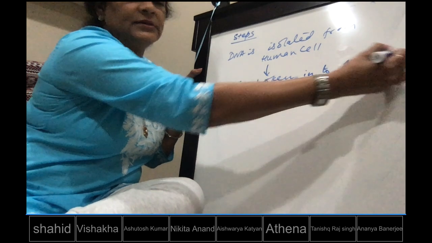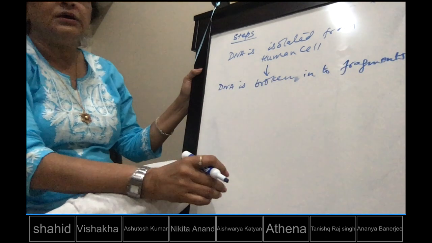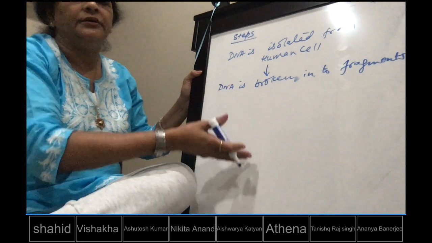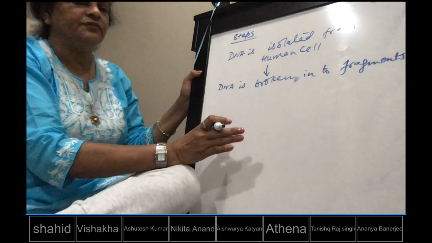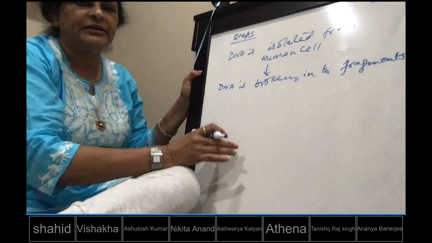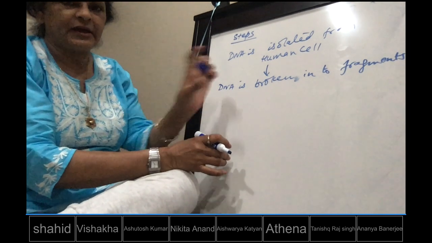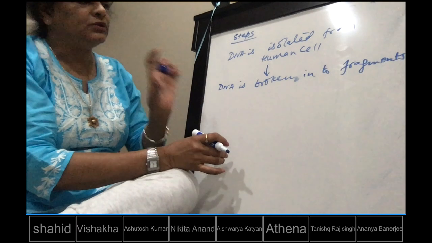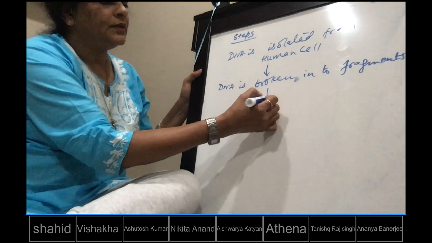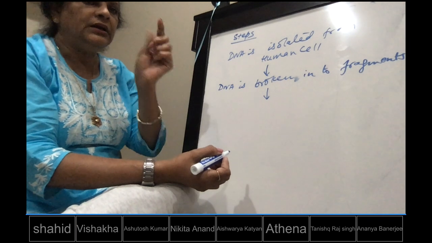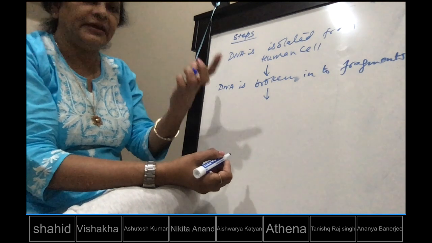Simply you can write like this. You don't need to use the name of the enzyme. Or later on, when you know the name of the enzyme, you can put it here also. We have not completed that chapter. So DNA is broken into fragments, random fragments, by restriction endonuclease. That's the enzyme. And once the DNA is broken, then the DNA has to be amplified.